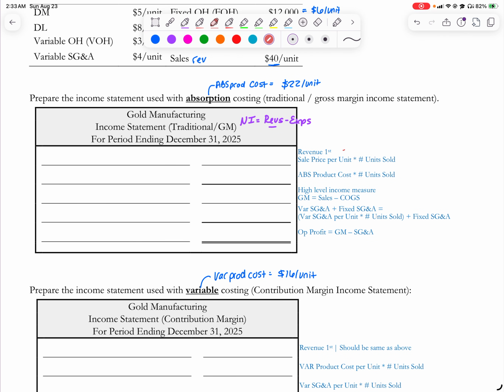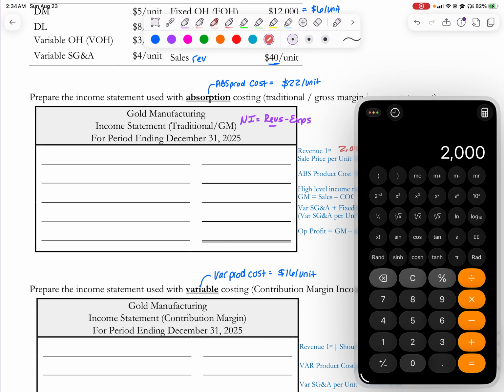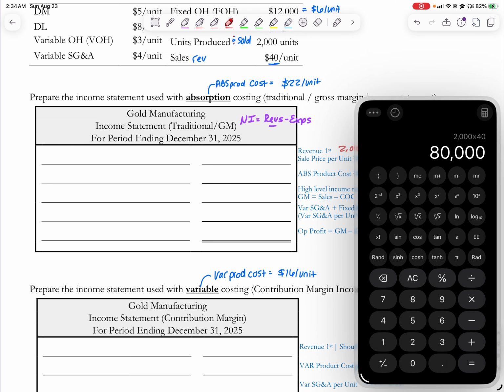So I sold 2,000 units at $40 each. 2,000 times 40 would be $80,000.